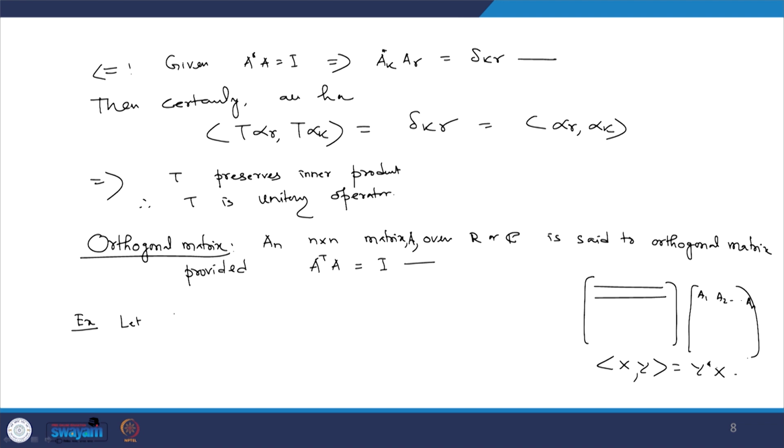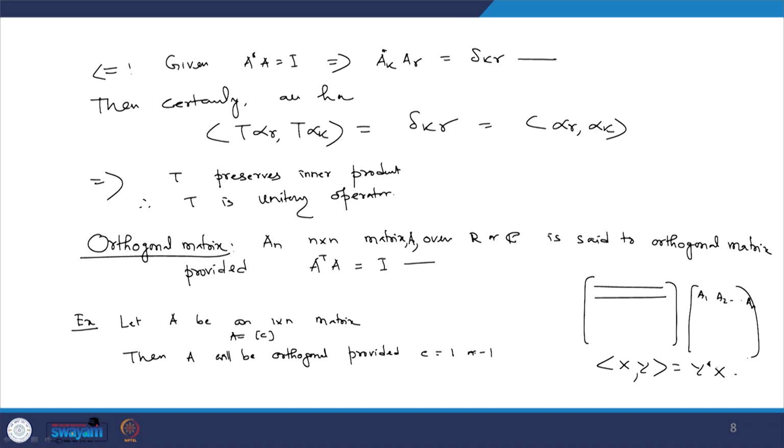Let A be a 1 cross 1 matrix, that is, A equal to simply C. Then A will be orthogonal provided C equal to 1 or minus 1, because if C equal to 1, then the transpose will also be the same, and so 1 into 1 equals 1, that is the 1 cross 1 identity matrix.